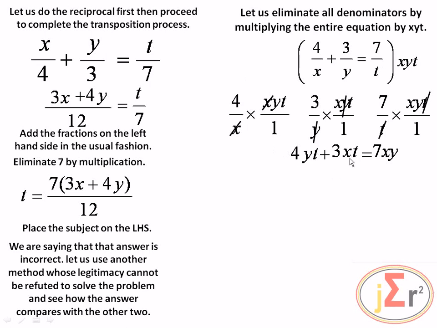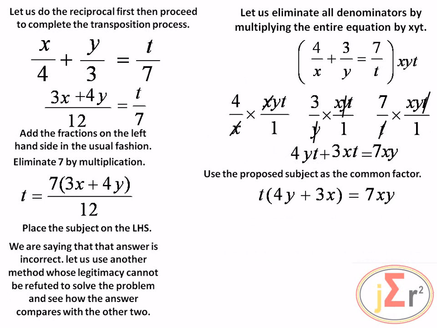We have two occurrences of the proposed subject, and we need to factorize. So use the proposed subject as the common factor in factorizing that left hand side, and all that we do is what we usually do. By analogy, divide by that quote-unquote large factor. And that's all there is to it. Surely we can see right here that this and this are not the exact same thing.